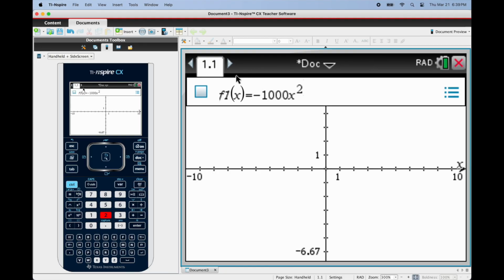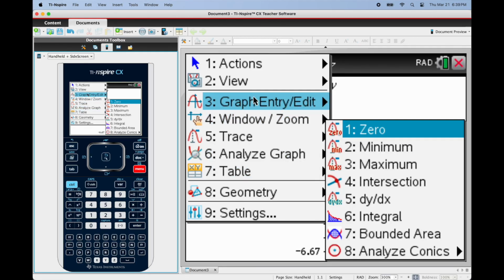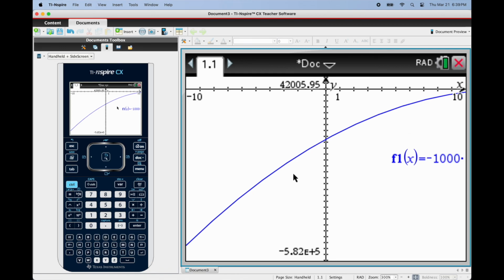Negative 1,000x squared plus 26,000x minus 170,000. 1,000x, 26,000x. Good. Let's go ahead and hopefully zoom fit will work. That's not bad.